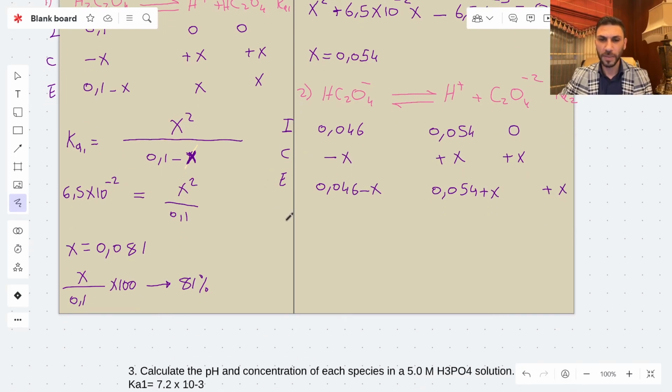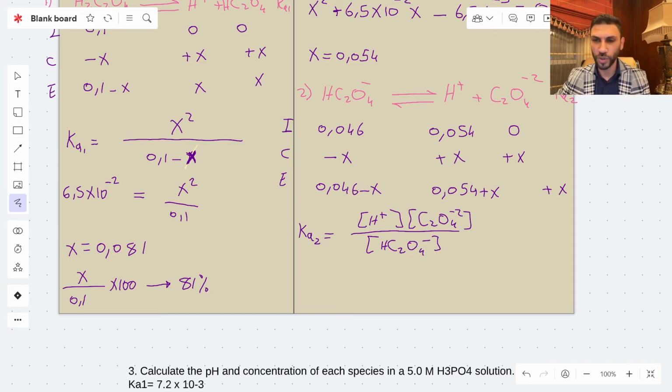Now Ka2 equals the concentration of H positive multiplied by the concentration of C2O4 negative 2 divided by the concentration of HC2O4 negative 1, which equals 0.054 plus x multiplied by x and divided by 0.046 minus x.